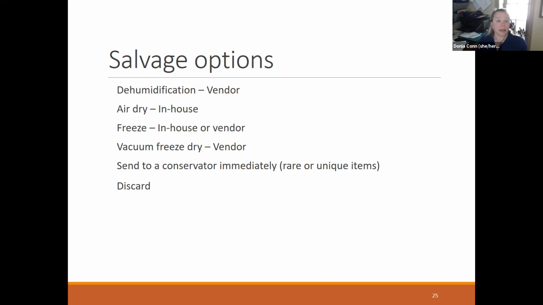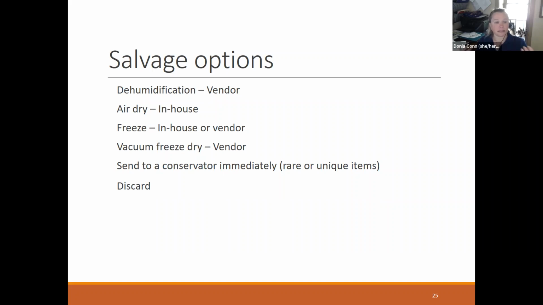What do we do? Dehumidification is one of the things that you can do. Are you going to do dehumidification yourself, or are you going to bring in a vendor to do it? If you do it yourself, do you know the size and number of dehumidifiers you're going to need to lower the relative humidity sufficiently? Do you know how those dehumidifiers are going to interact with your own HVAC system? And do you have a plan for how you're going to empty all of the tanks in those dehumidifiers?